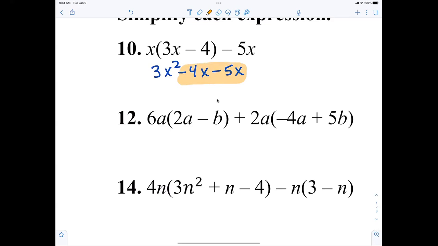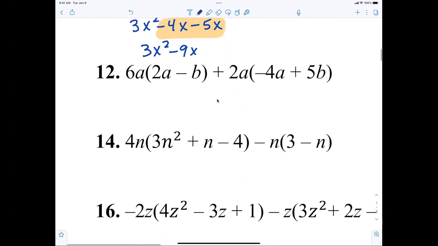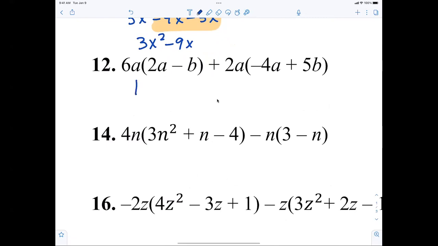So we're doing a combination of things. 3x to the second minus x to the second. -4 and -5 is what? Right, -9x. We don't add exponents when we're adding. When you multiply, you add exponents. When you're adding, the exponents stay the same. Agreed? All right, 12. Work hard on this, please.